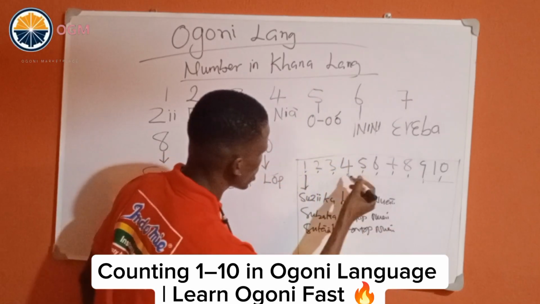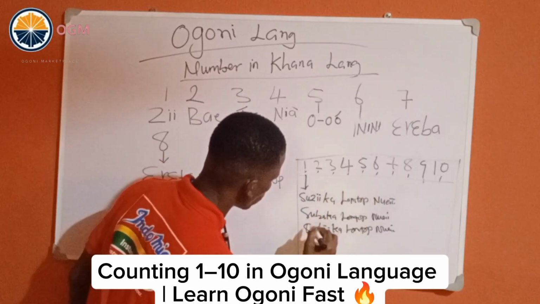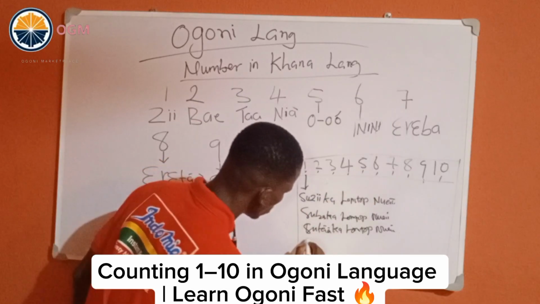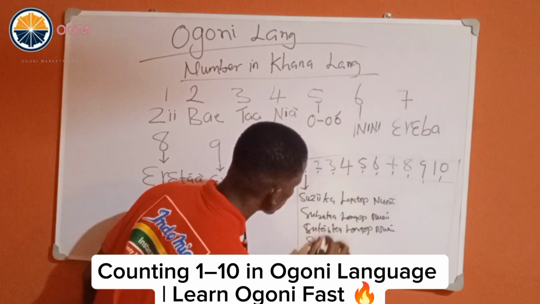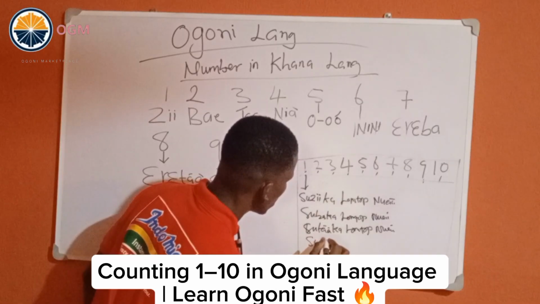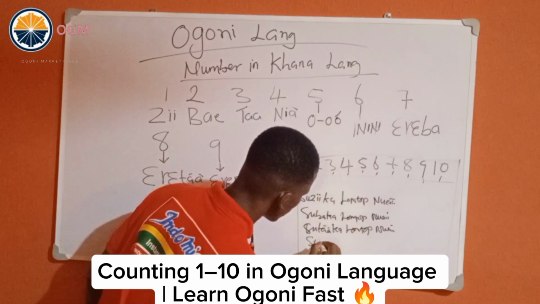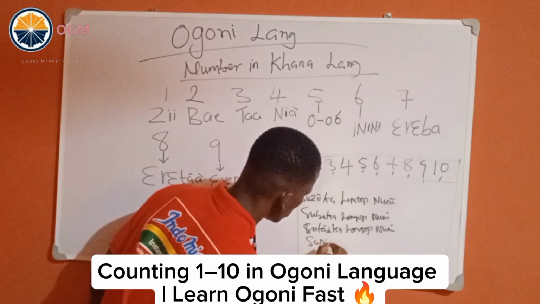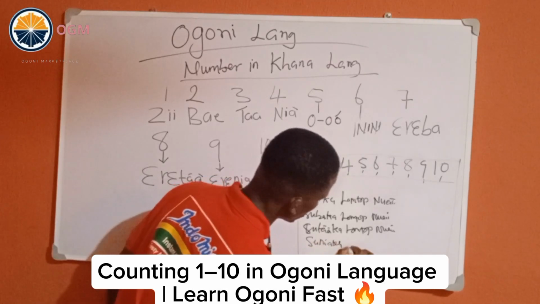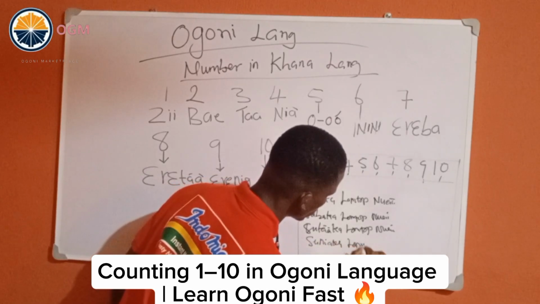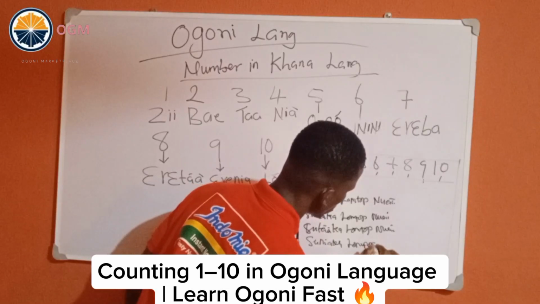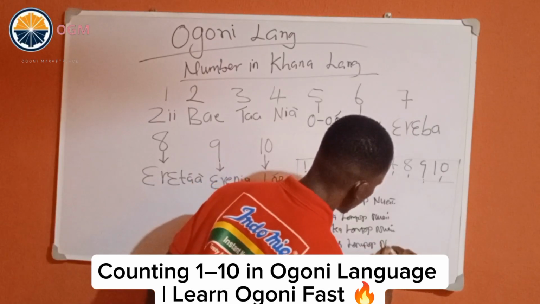Then here is 4. It will still be the same thing, niaka, because it is 4. So suniaka laptop nua.